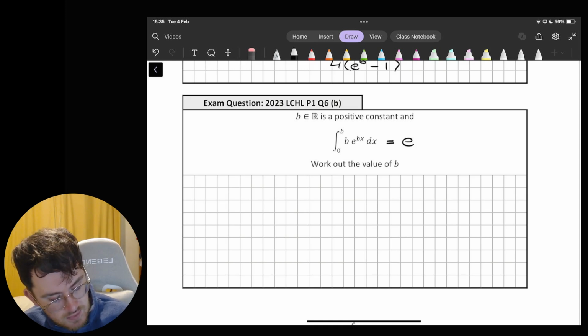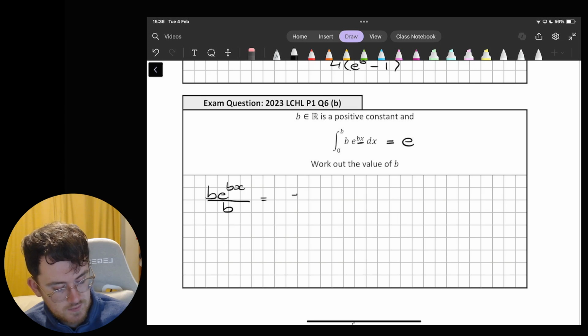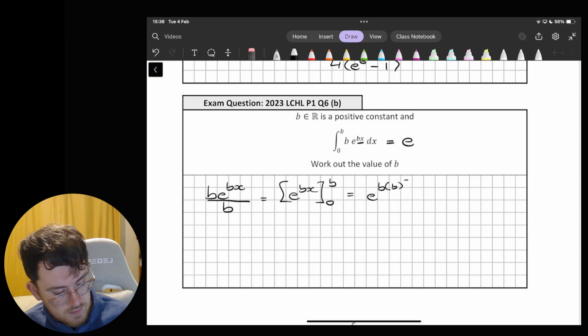So we need to start by integrating our function. So it becomes b e to the power of bx, and then where I would normally, when differentiating, multiply by b here, for integration I divide by b. So that gives me e to the power of bx to be evaluated at 0 and b, which is e to the power of b times b minus e to the power of b times 0.